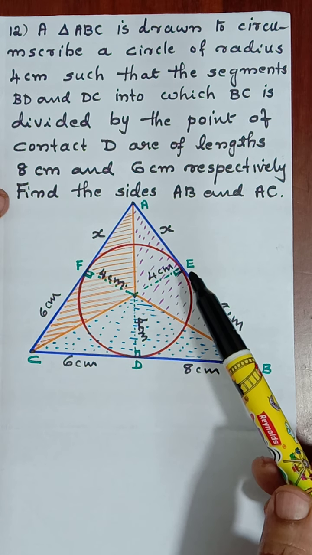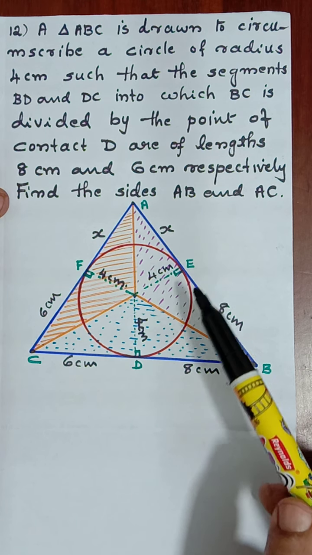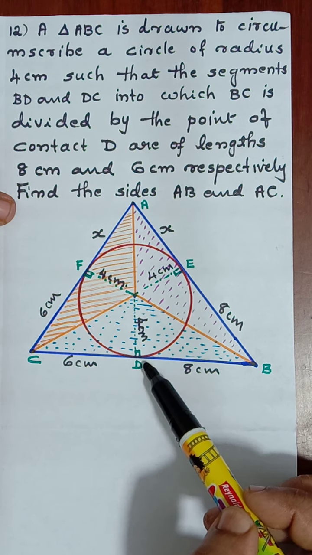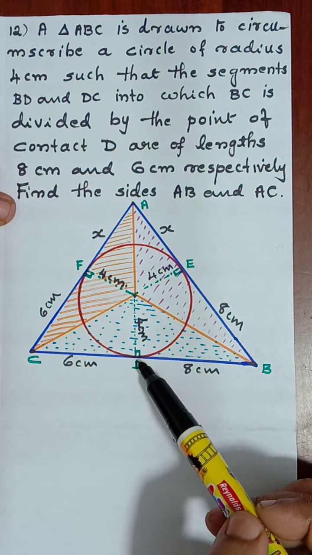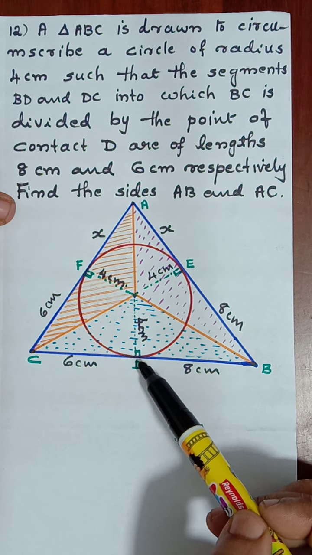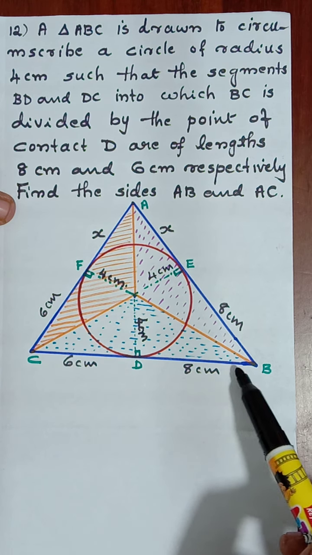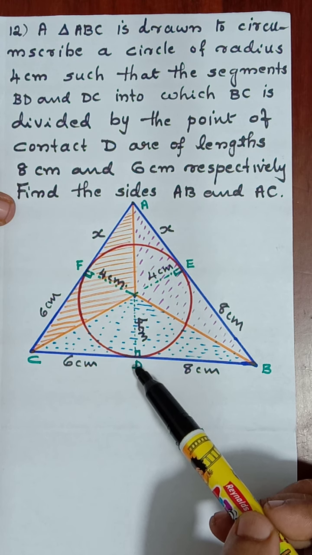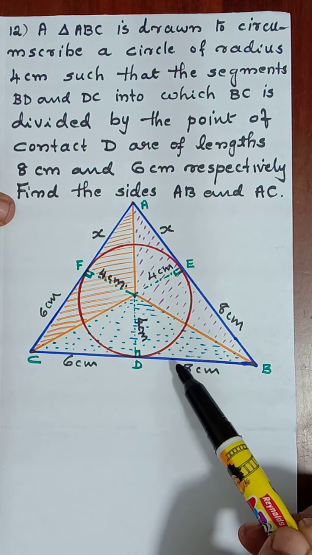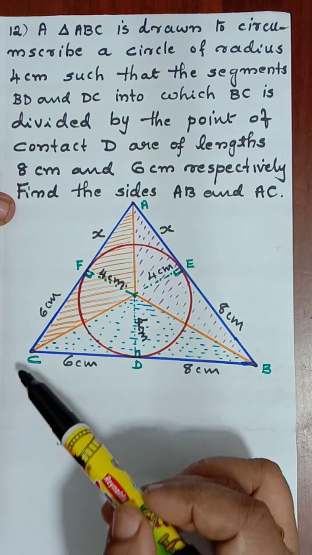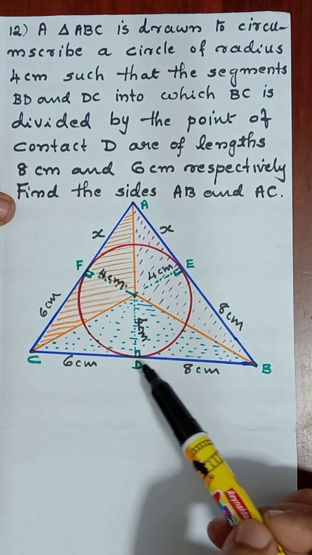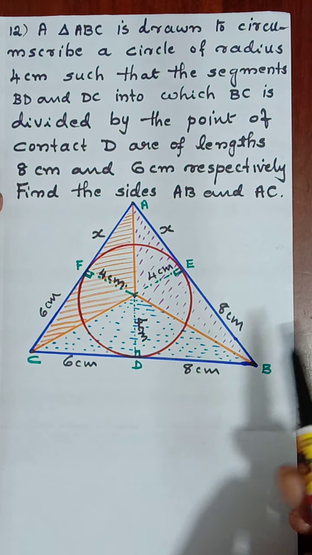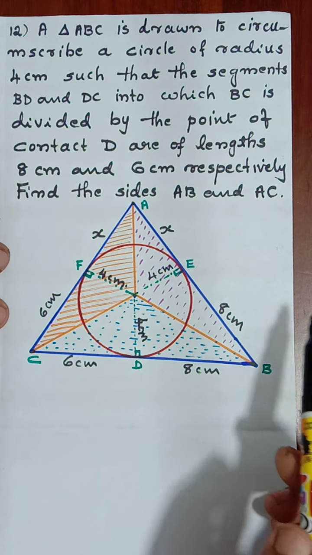Such that the line segments BD and DC, into which BC is divided by the point of contact D, are of length 8 cm and 6 cm. That means BD 8 cm, DC 6 cm. D is the point of contact to the circle. Find the sides AB and AC.